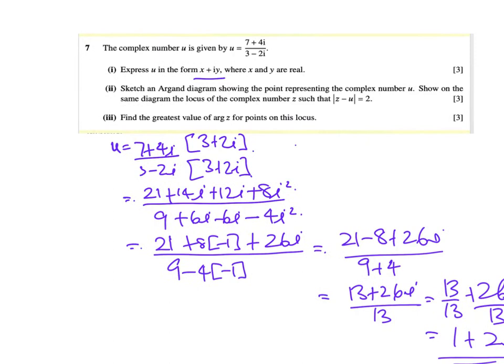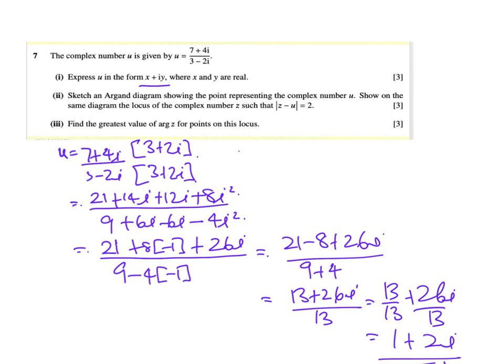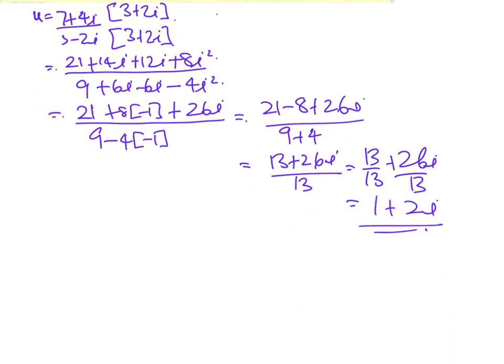For part 2, sketch an Argand diagram showing the point representing the complex number u. Show on the same diagram the locus of the complex number z such that modulus of z minus u equals 2, where u equals 1 plus 2i. So let's draw this.